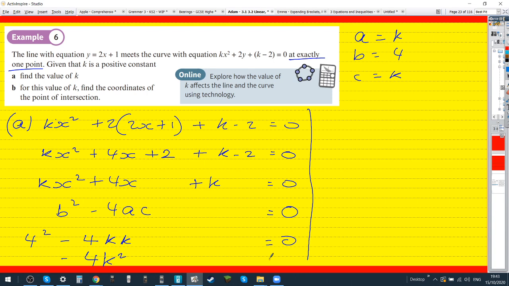And then do we minus 4 squared from both sides? What is 4 squared? First you work it out, so it'd be 16. 16 minus 4k squared equals 0. So that means minus 16 on both sides. So it'd be minus 4k squared equals minus 16.